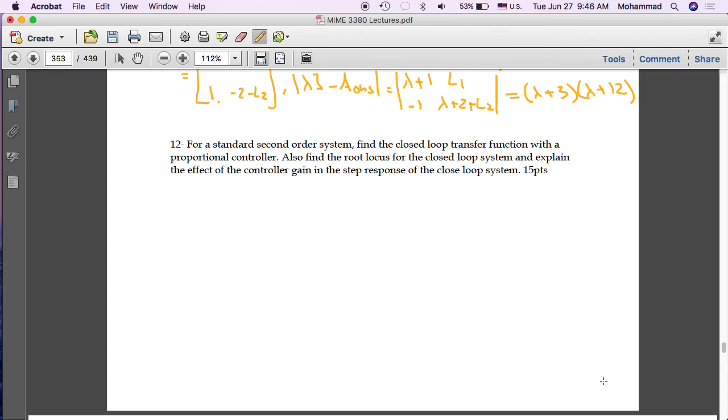So that's what we are trying to solve. For a standard second order system, the transfer function G of s is 1 over m s squared plus b times s plus k. That's the transfer function.